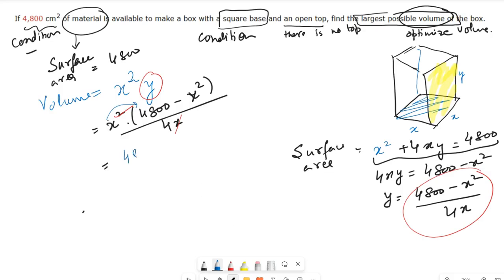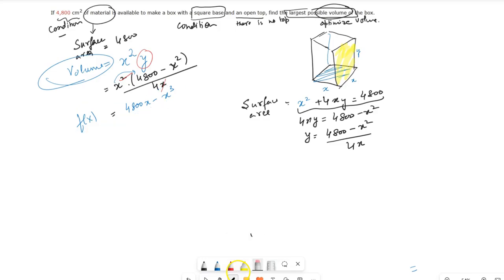We will have (4,800x minus x³) divided by 4. So this is our function which we need to maximize. You can write it as 4,800x by 4 minus x³ by 4, which will basically be 1,200x minus x³ by 4.